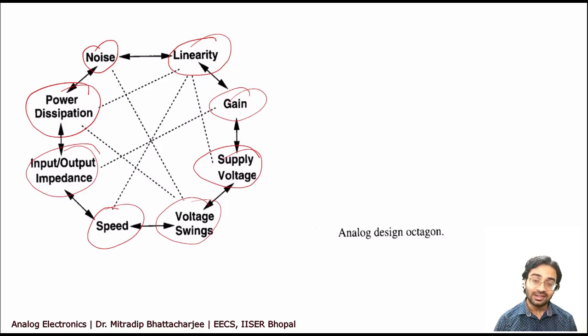These are the challenges that you have to keep in your mind while designing an analog circuit. So remember this octagon. This will give you a better idea of what multi-dimensional trade-off is all about.